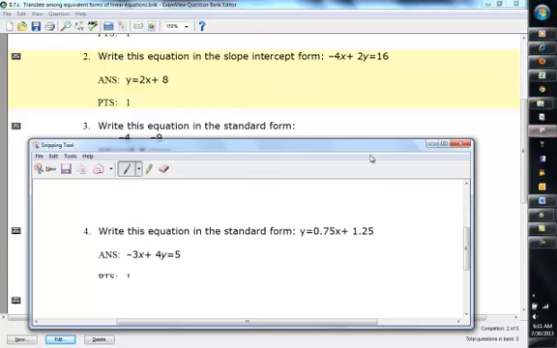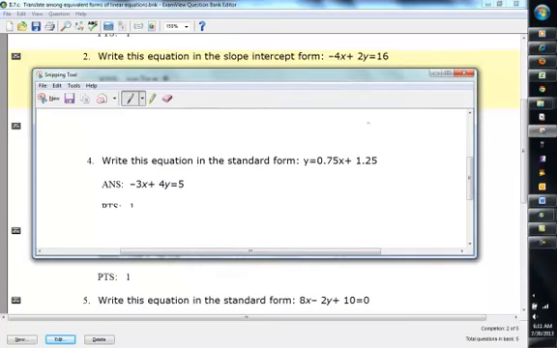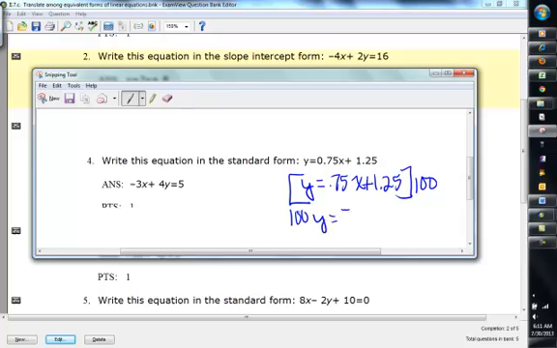Write this equation in the standard form. This time there's a decimal rather than a fraction. So y equals 0.75x plus 1.25. Probably the easiest thing that I've ever found to do is to multiply by 100 to get rid of the decimal, and you'll have 100y equals 75x plus 125.